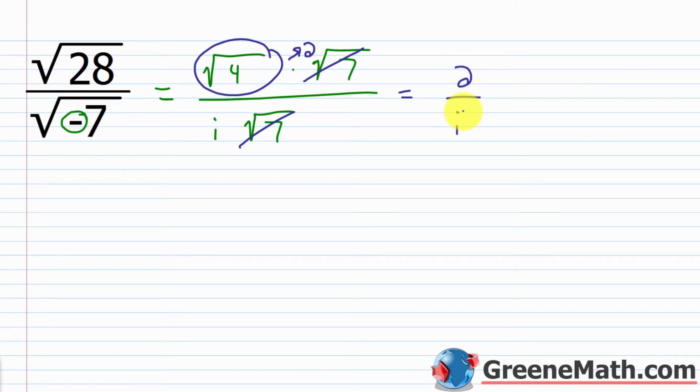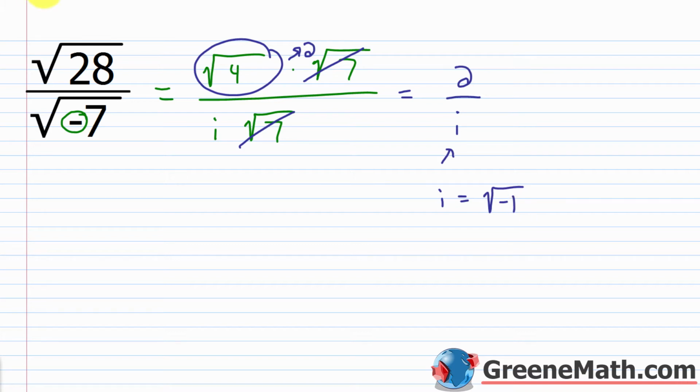Now, a lot of people will just stop and say, hey, that's my answer. But remember, i has a definition of what? i is equal to the square root of -1. We do not allow radicals in the denominator. So don't report an answer with i in the denominator, because you're reporting an answer with the square root of -1 in the denominator.